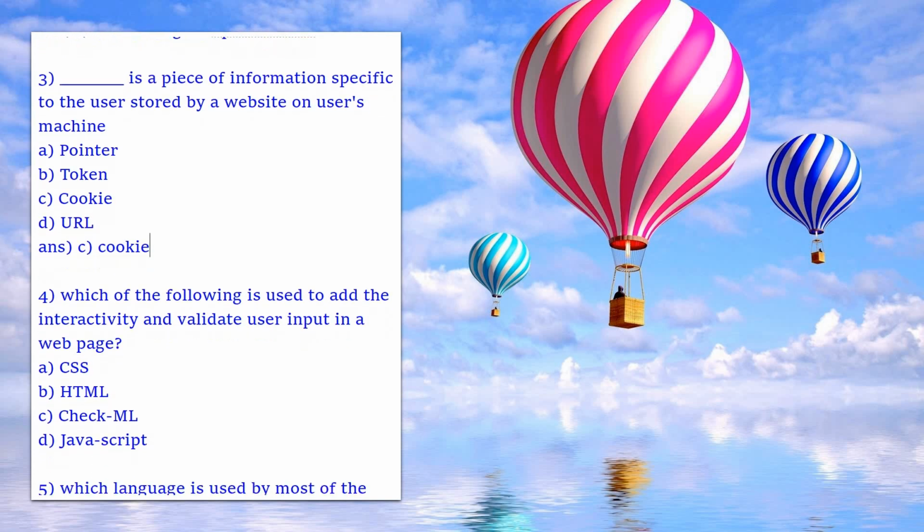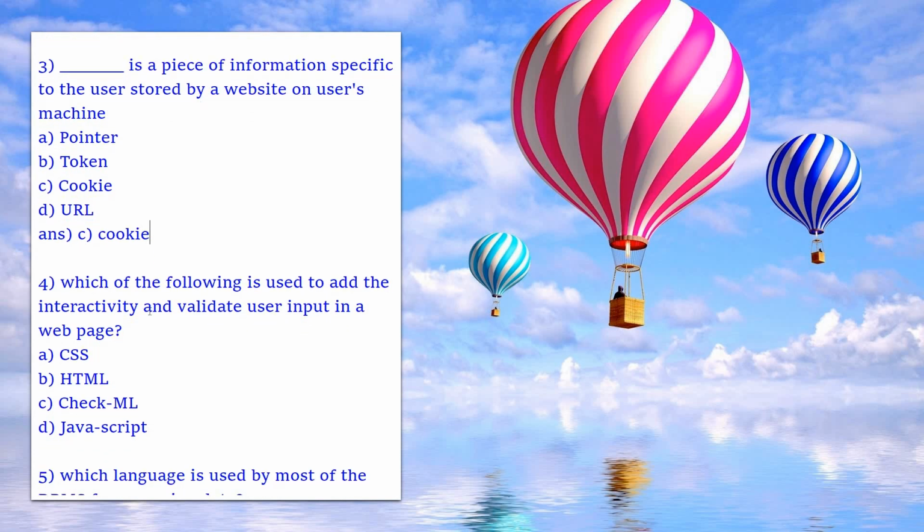Similarly, the fourth question is: which of the following is used to add interactivity and validate the user input in a web page? The front-end technologies are HTML, CSS, and JavaScript. CSS is used to add styles. Here they ask what is used to add interactivity and validate user input.